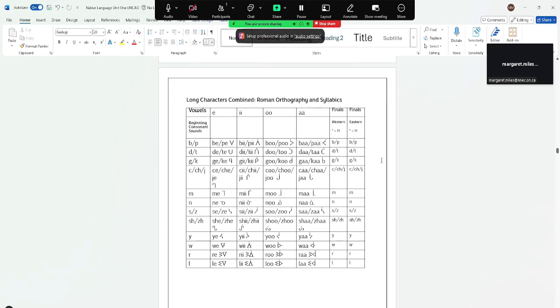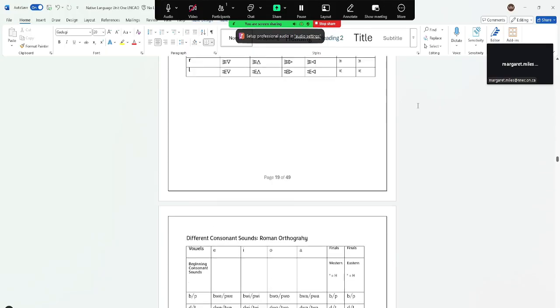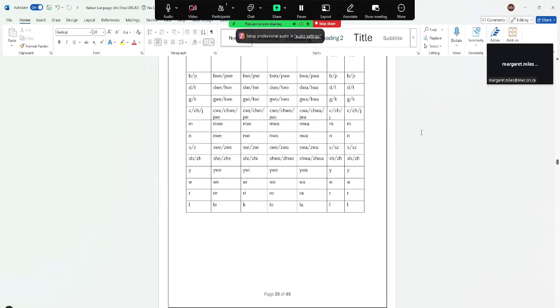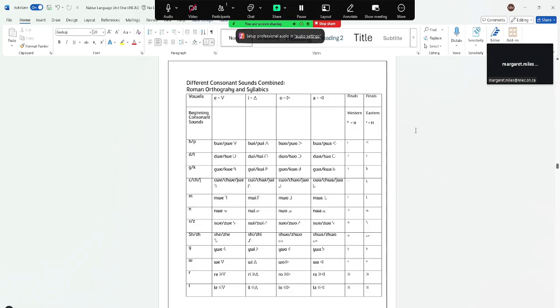This will help you to do the practice exercises along with the key questions in the lesson. Also this example chart.